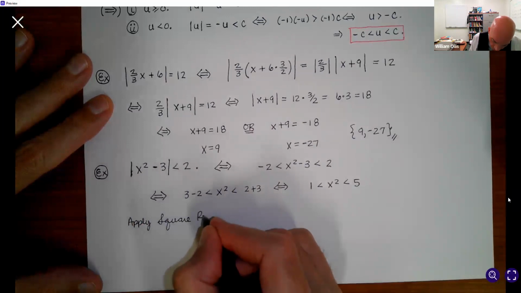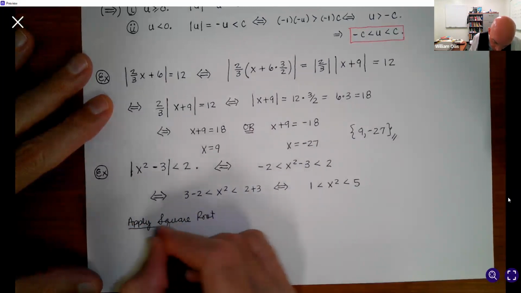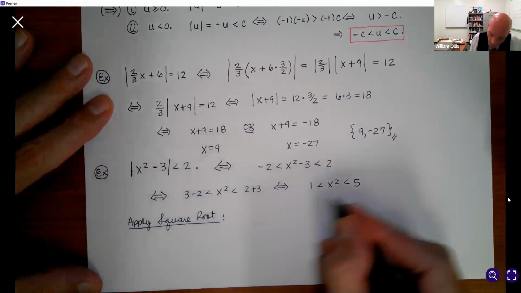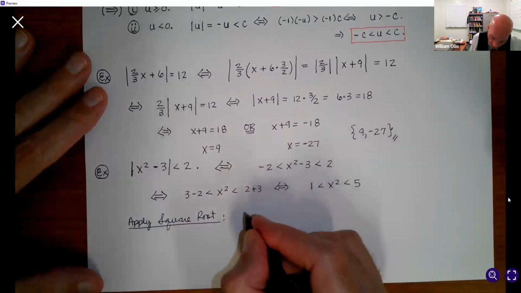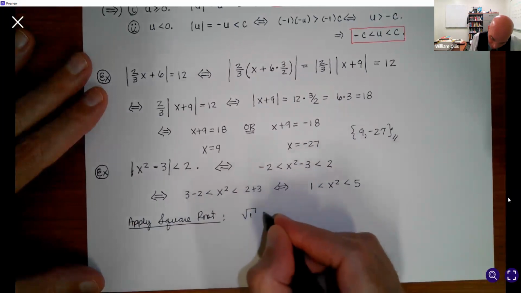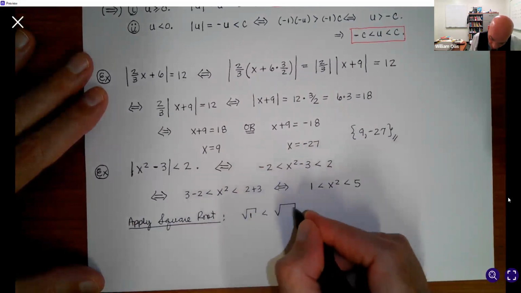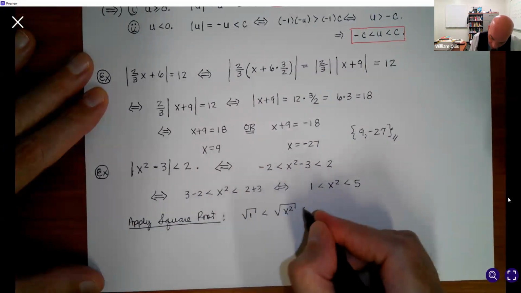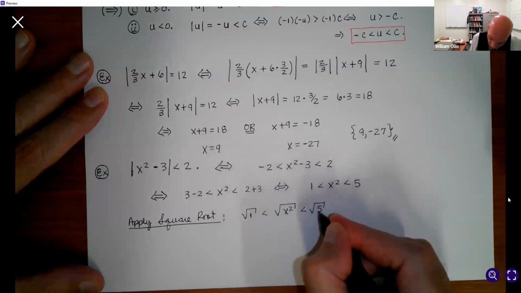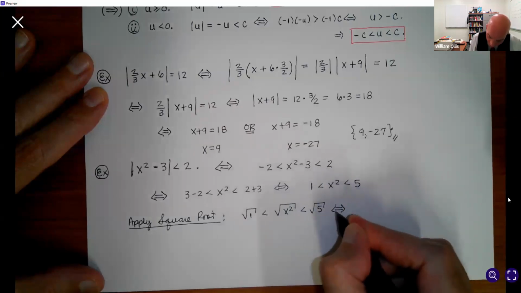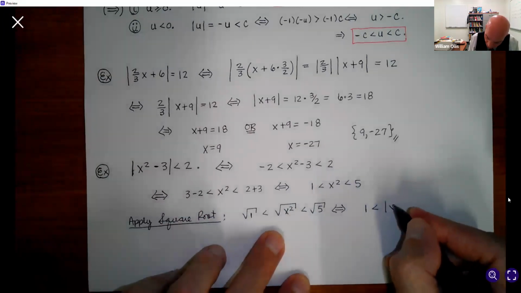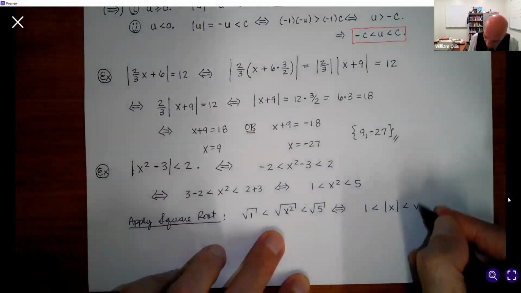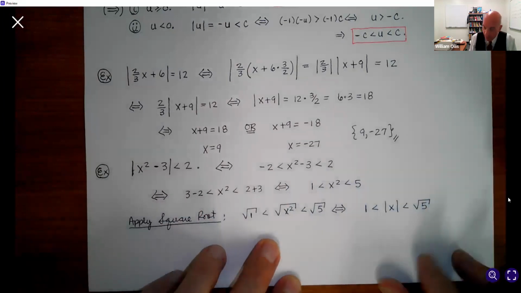So you could have started by looking at two cases from the very beginning. The square root function is again an increasing function. So we have the square root of 1 less than the square root of x squared less than the square root of 5. Equivalently, we have 1 is less than the absolute value of x is less than the square root of 5.